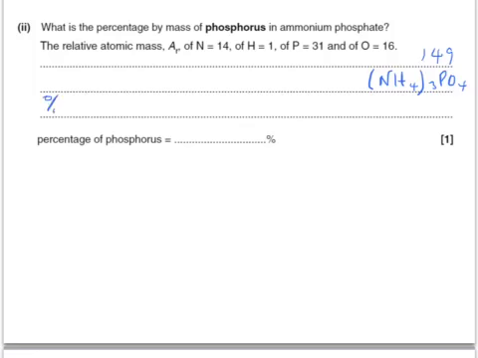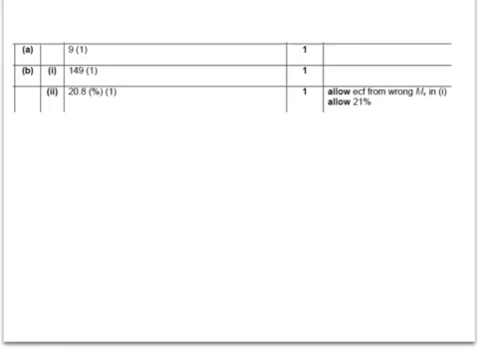So therefore the percentage by mass is the mass of phosphorus, which is 31, over the total mass of the molecule, the relative formula mass, 149, expressed then as a percentage by multiplying by 100, and that comes to 20.8% of phosphorus. Here's the answers: 9, the total was 149, and 20.8. They'll allow 21, but I would always recommend you went for 3 significant figures on your calculator.